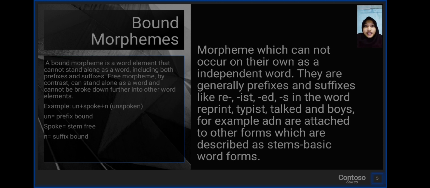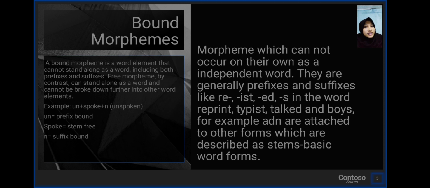The next is the definition of bound morphemes. A bound morpheme is a word element that cannot stand alone as a word, including both prefixes and suffixes. Free morphemes, by contrast, can stand alone as a word and cannot be broken down further into other word elements.